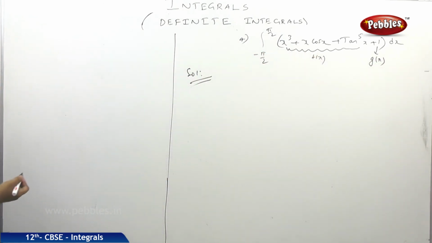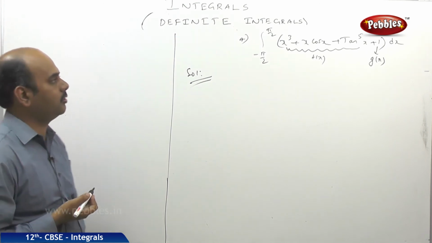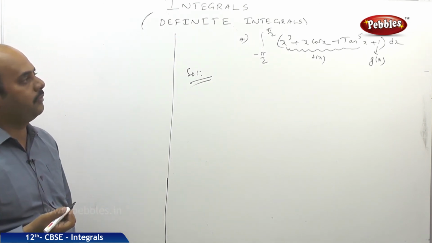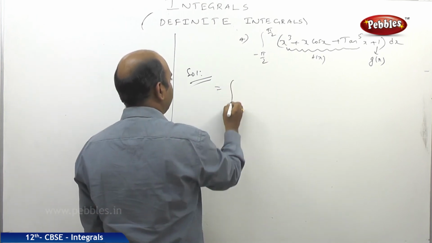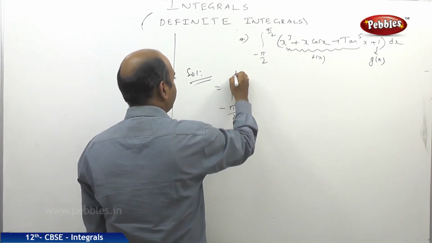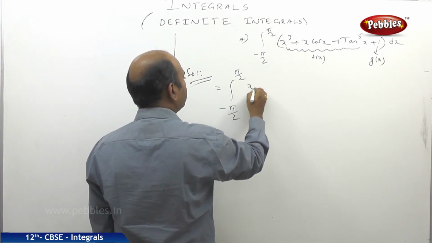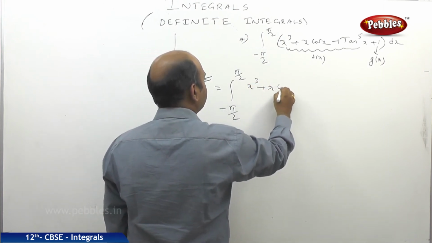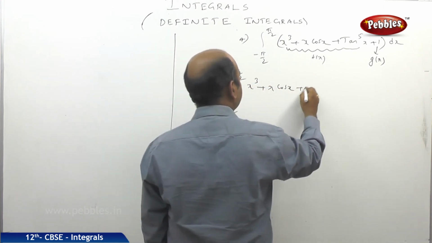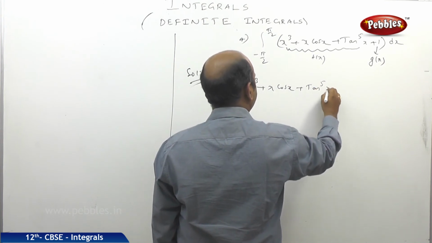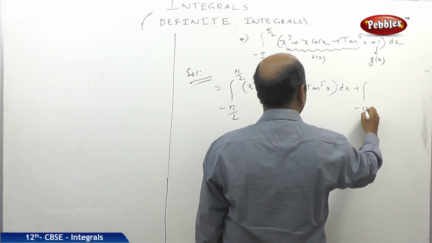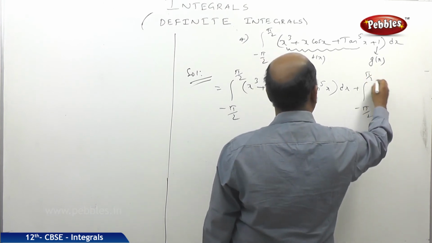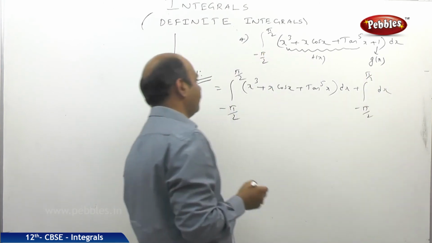So we are getting an integral of the form minus pi by 2 to pi by 2 f of x plus g of x dx. So this I will write as integral of minus pi by 2 to pi by 2 x cube plus x cos x plus tan power 5x dx plus integral of minus pi by 2 to pi by 2 dx.